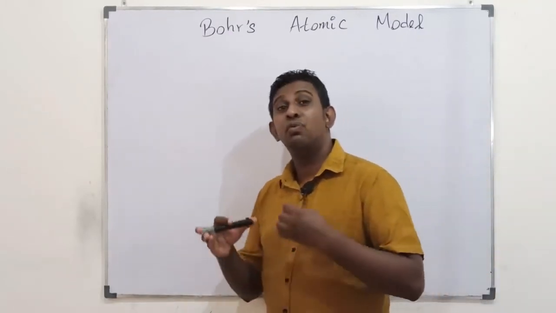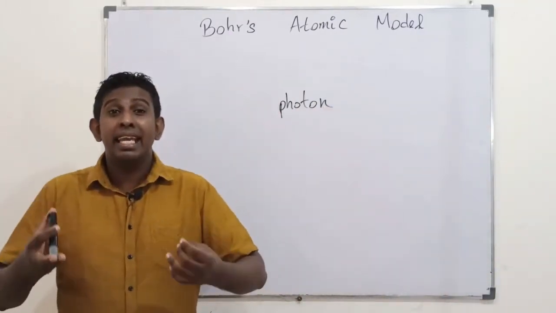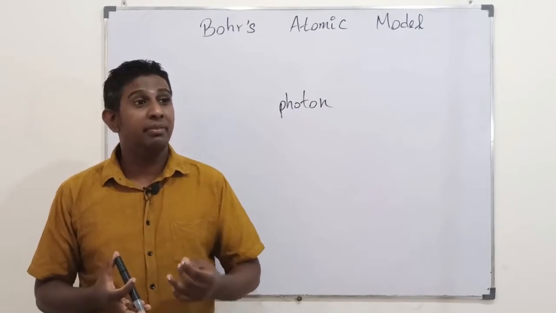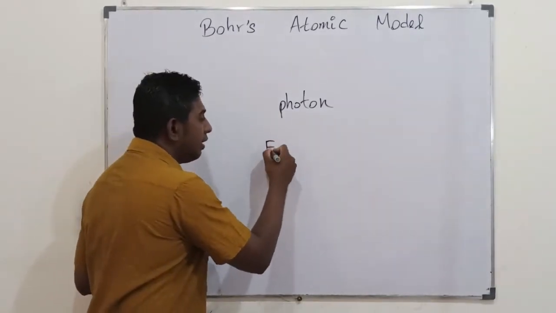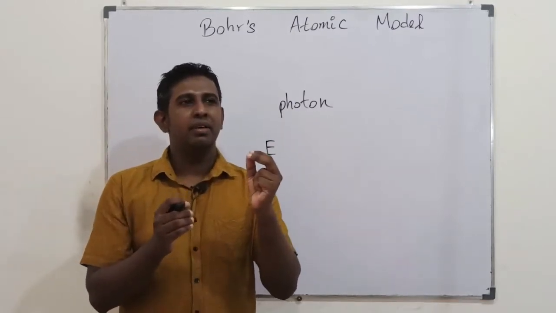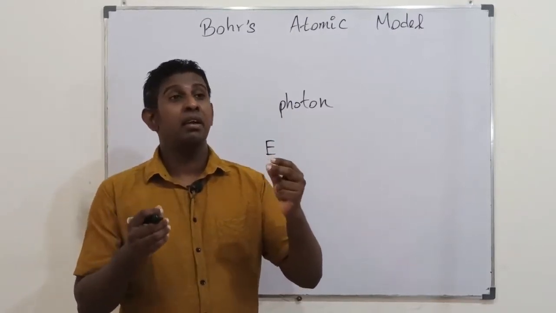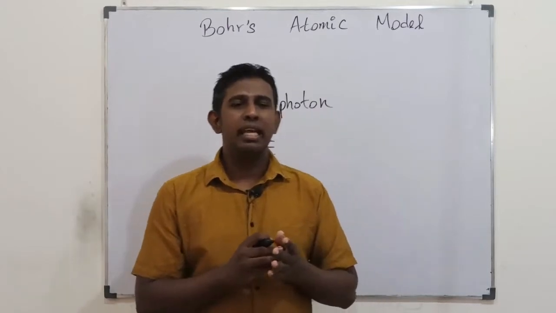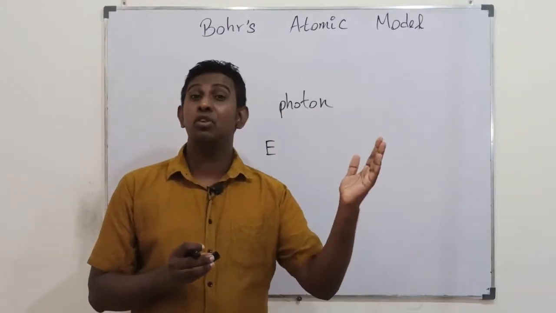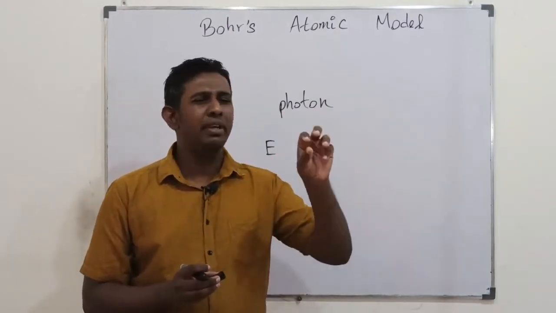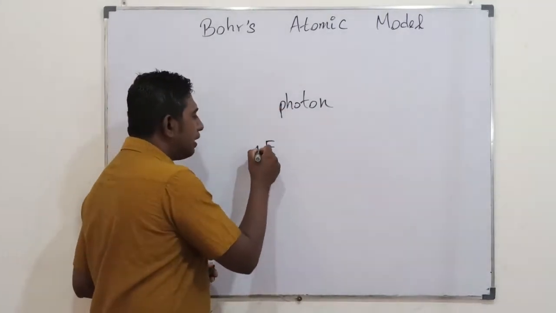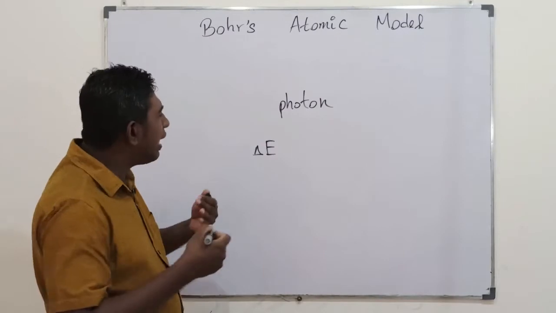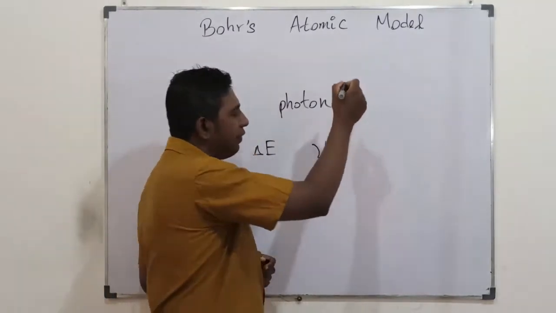So students, the energy of this photon, the energy packet, we found earlier: the smallest energy amount that belongs to one type of electromagnetic radiation, let's denote it by delta E, is directly proportional to its frequency.